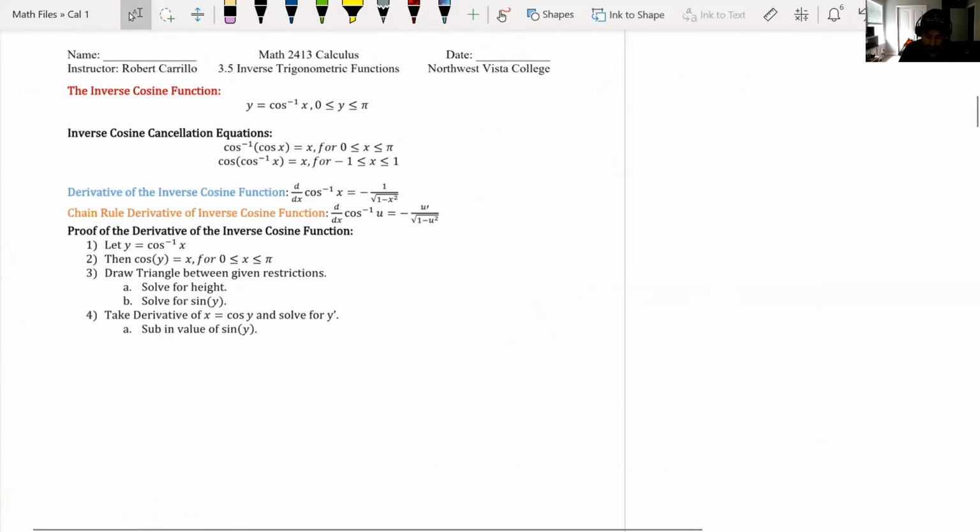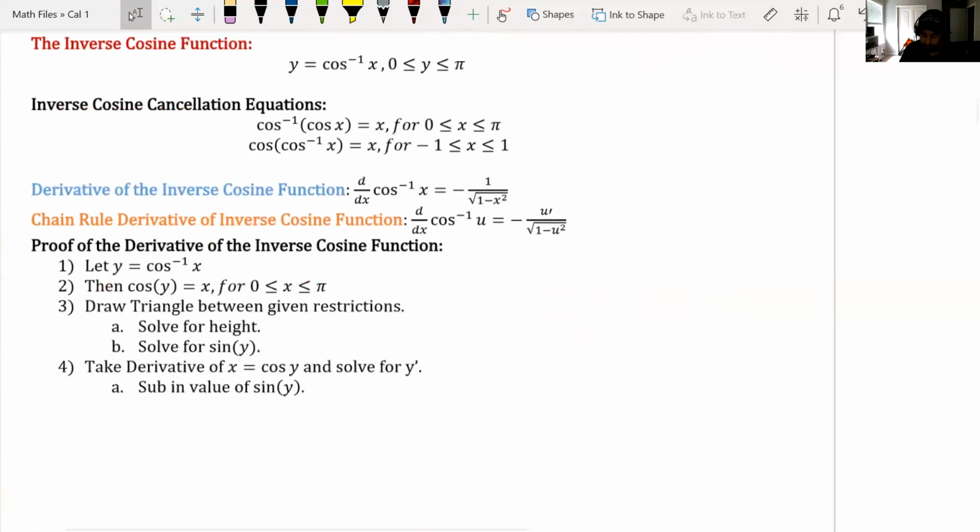And just like sine, we want to prove the derivative of the inverse cosine. And the inverse cosine lives on these restrictions, 0 to pi. So that's where the inverse cosine lives, from 0 to pi. Okay, so with that being said, there we go.